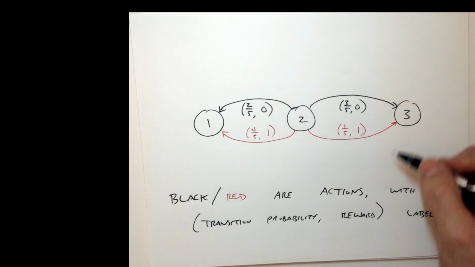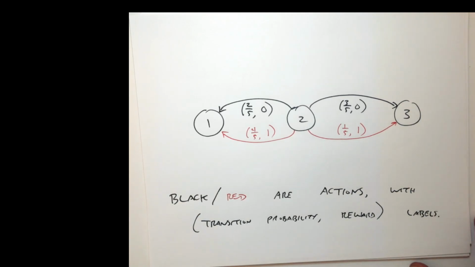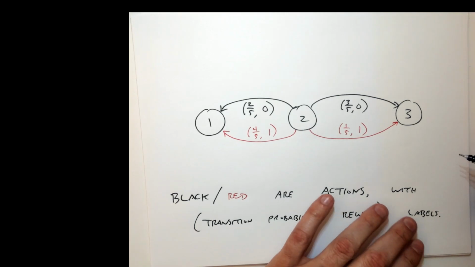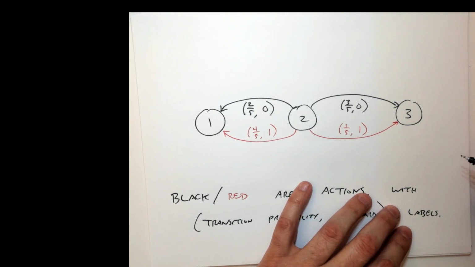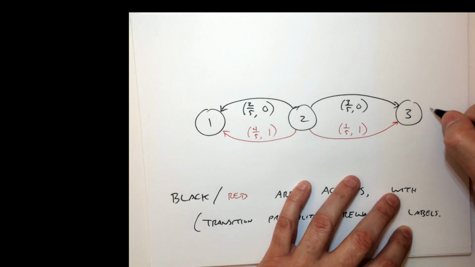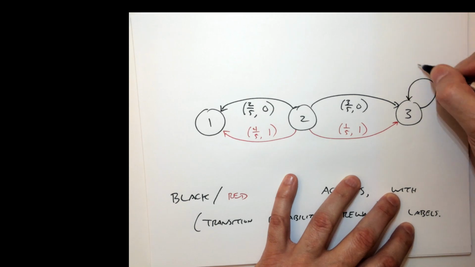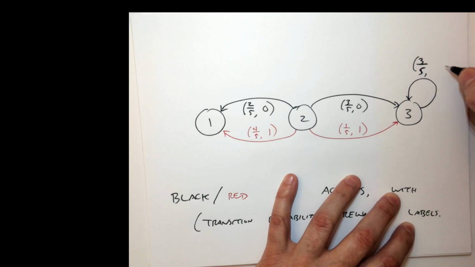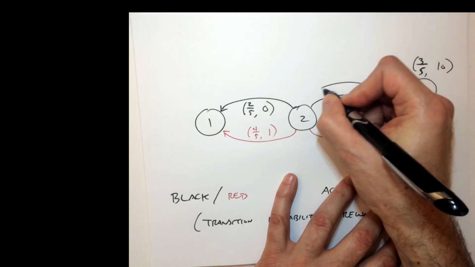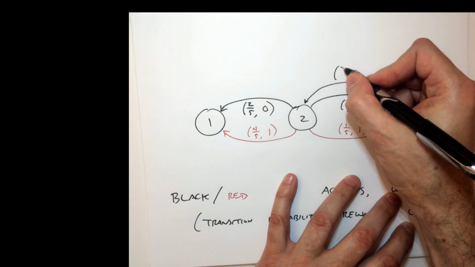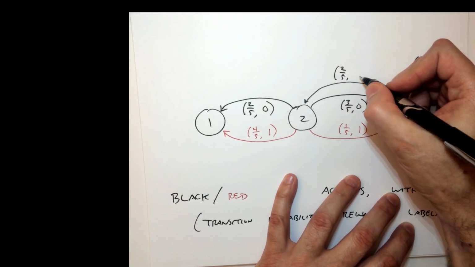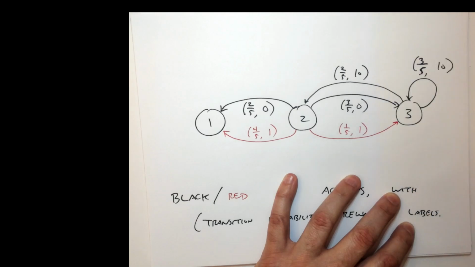And let's suppose that state 3 is a desirable place to be, right? So let's suppose that in state 3, again, I have a red action and a black action, right? So the black action, for example, with probability 3/5 takes me to state 3 again, and I get a reward of 10, which is pretty good. And then with probability 2/5, it takes me back to state 2.